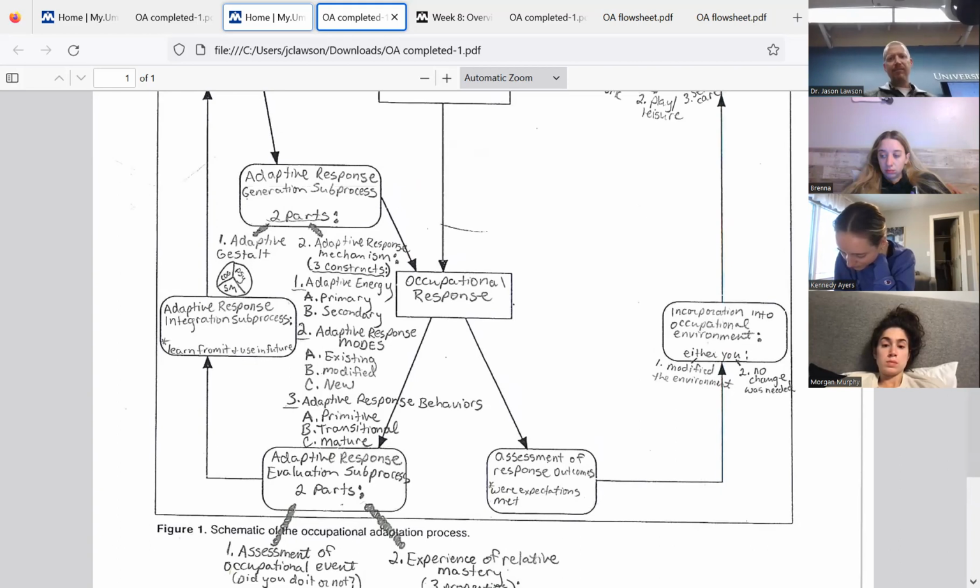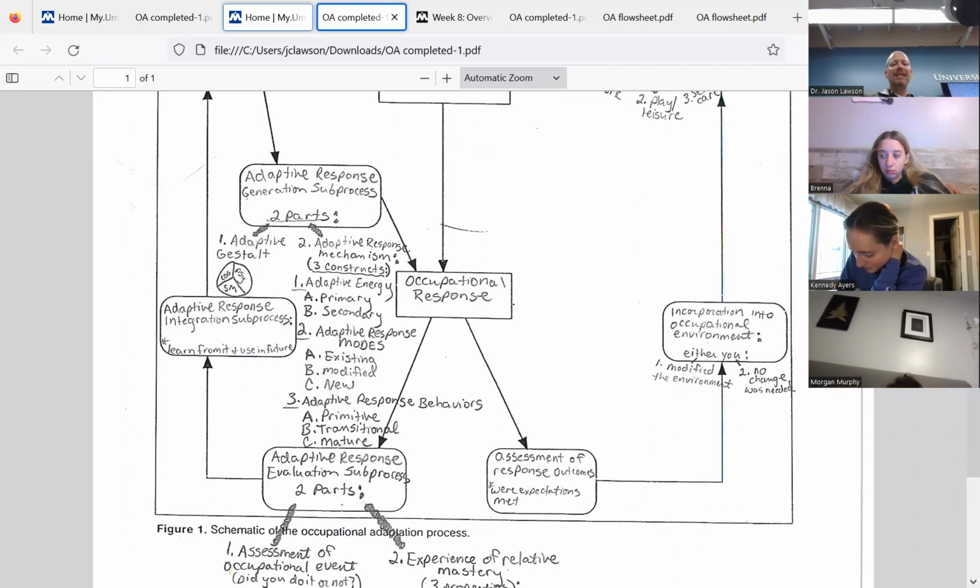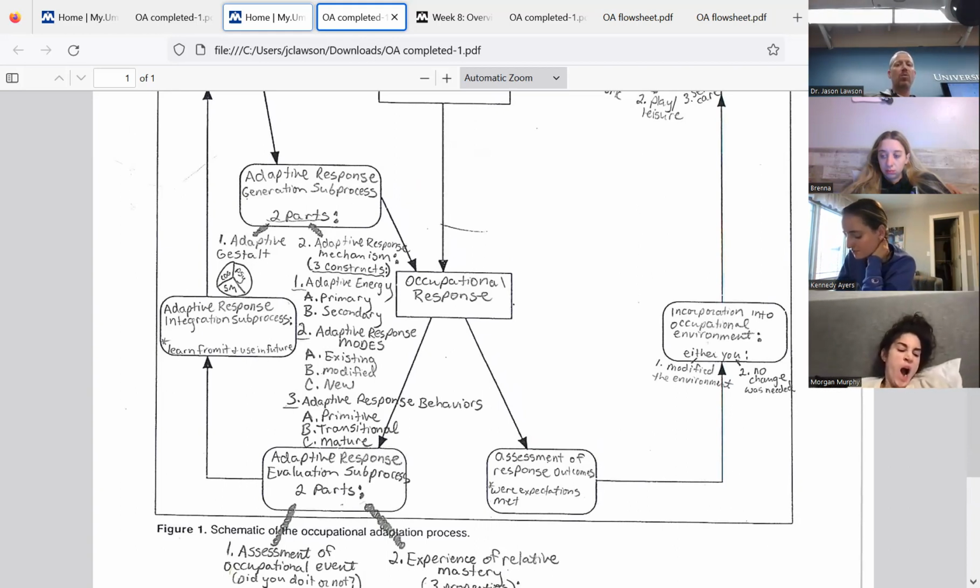If not, we need to modify the environment, or we don't have to change anything in our environment. This is when we assess, were expectations of the environment met? Did we need to modify the environment, or was no change needed?